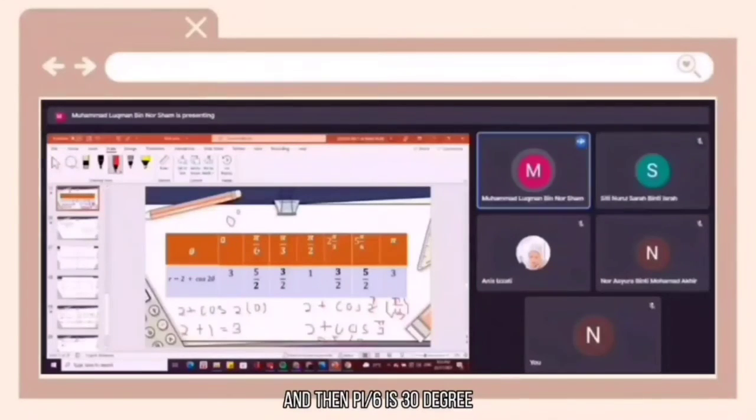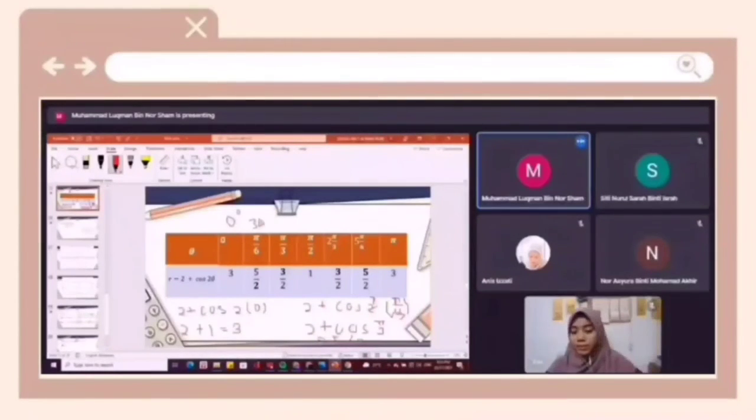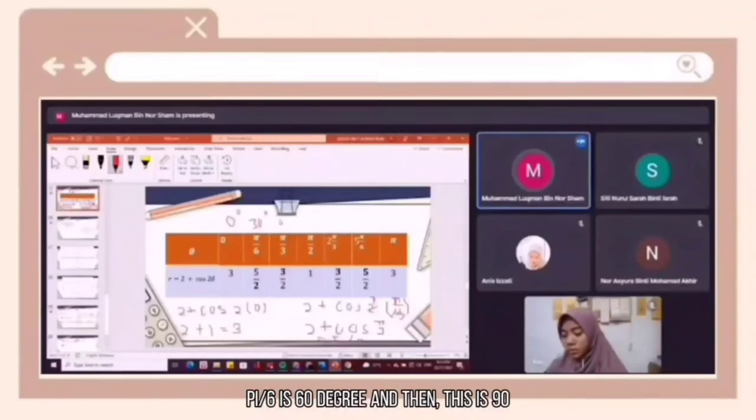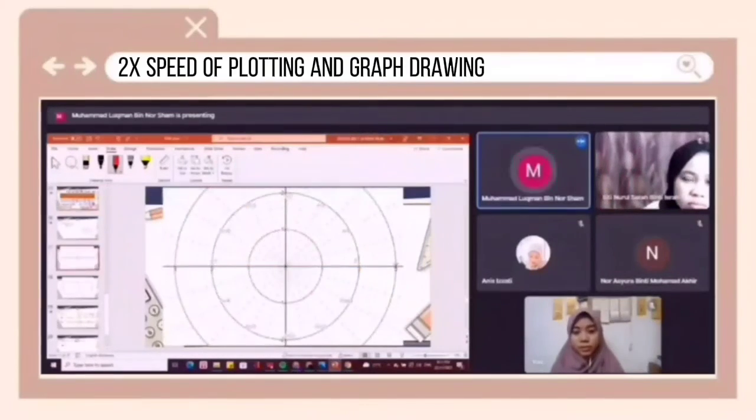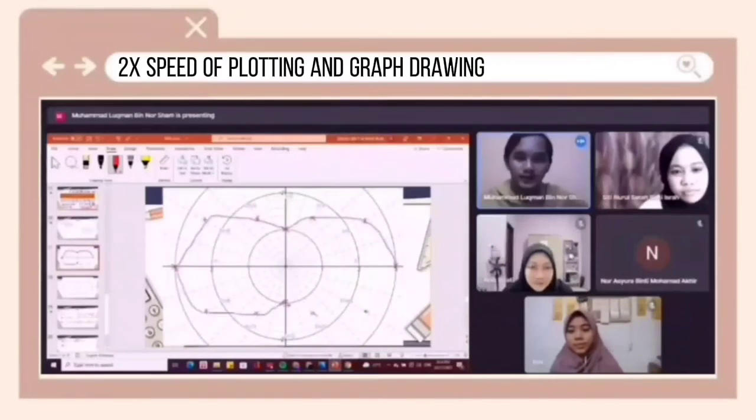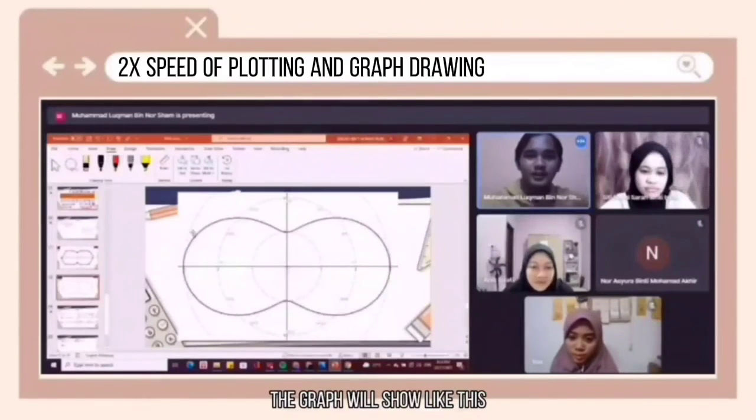Then pi over 6 is 30 degrees, pi over 3 is 60 degrees, and then this is 90, 120, 150, and finally 180. The graph will show like this.